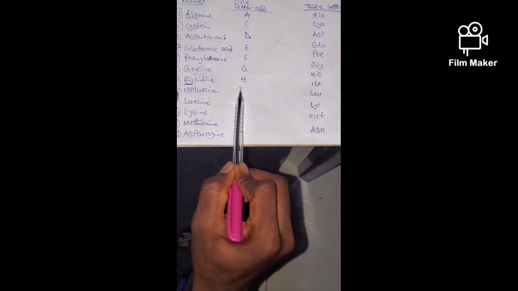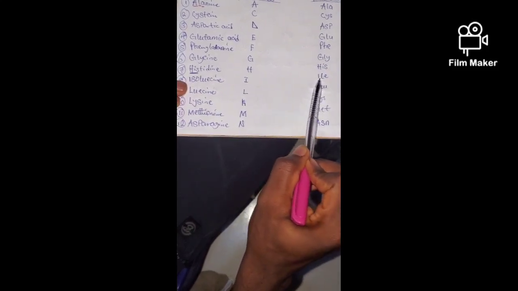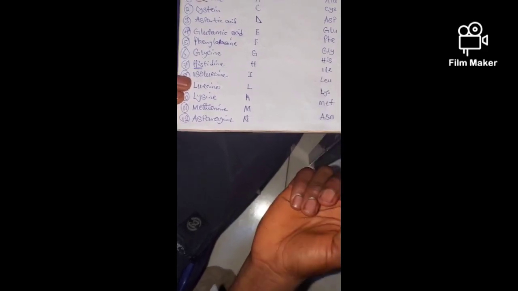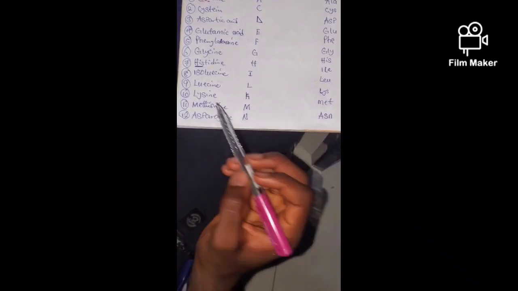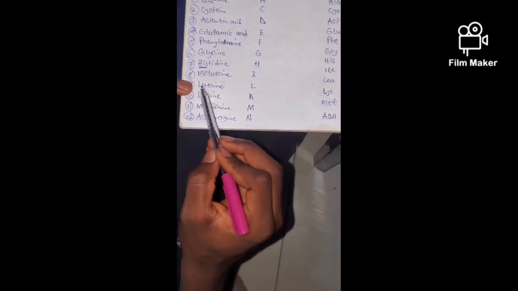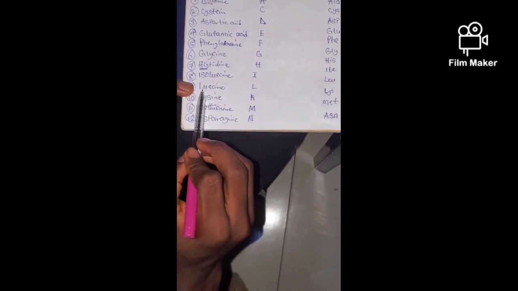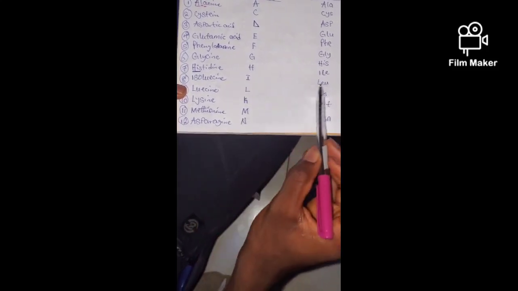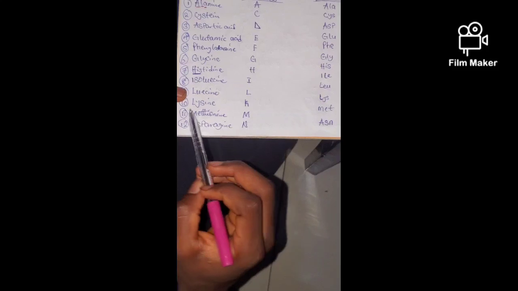The one-letter abbreviation is I, and the three-letter abbreviation is ILE. Isoleucine is an isomer of an amino acid called leucine. The one-letter abbreviation for leucine is L, and the three-letter abbreviation is LEU.